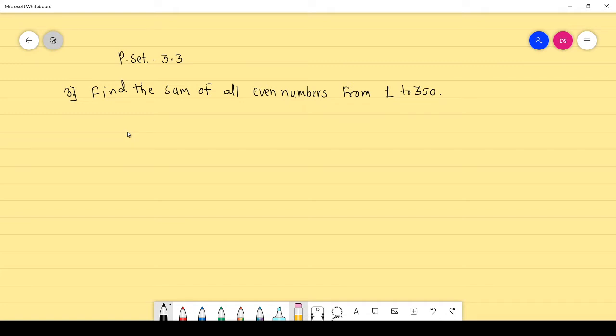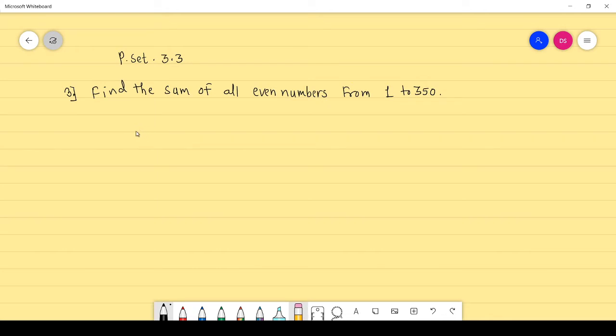Whatever quotient comes should be a whole number, not a fraction. So whenever we talk about an even number, it should be completely divisible by 2 and the quotient should be non-decimal, not a fraction.